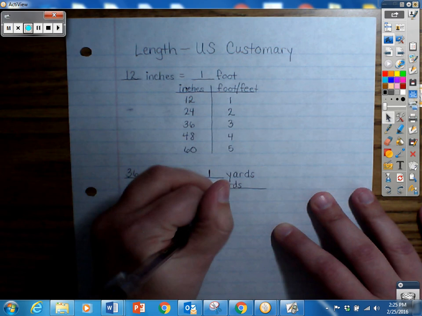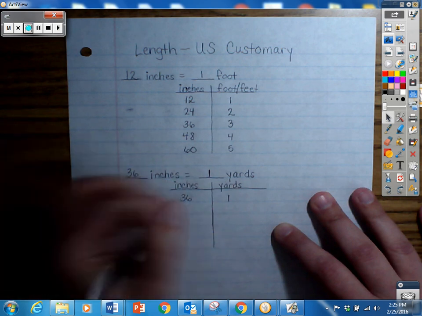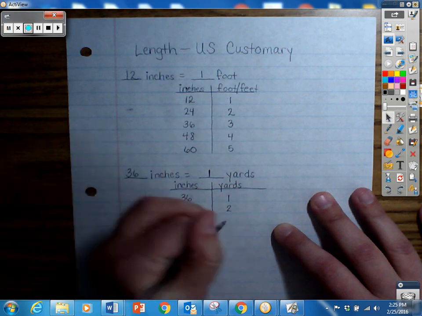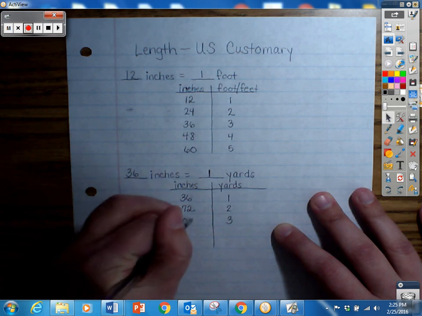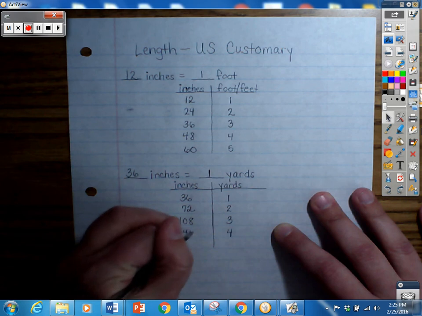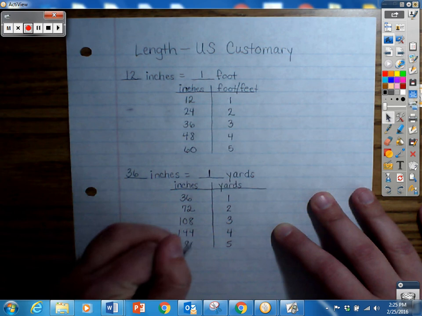So if 1 yard is 36 inches, 2 yards, 72. 3 yards, 108. 4 yards, 144. 5 yards, 180.